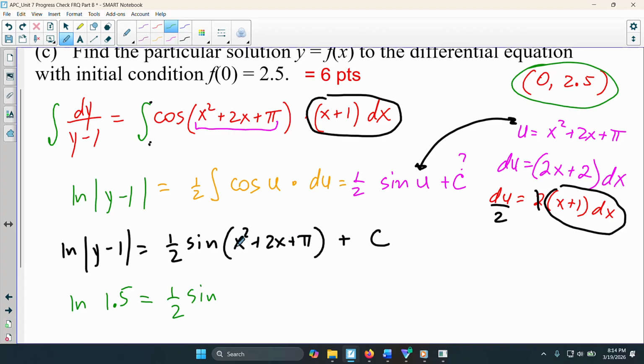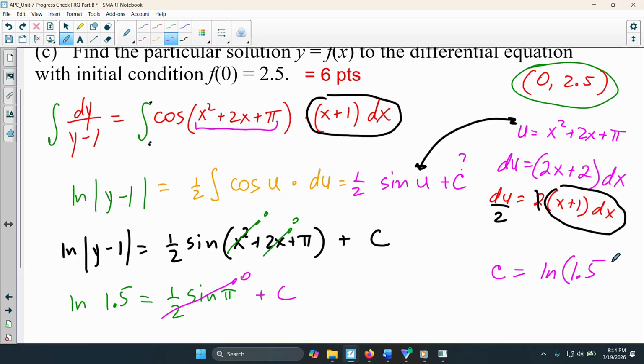So this is 0, this is 0. So you have sine of pi, and sine of pi is 0. That's convenient. All of this is 0, so you have just plus C. So C must be ln of 1.5.